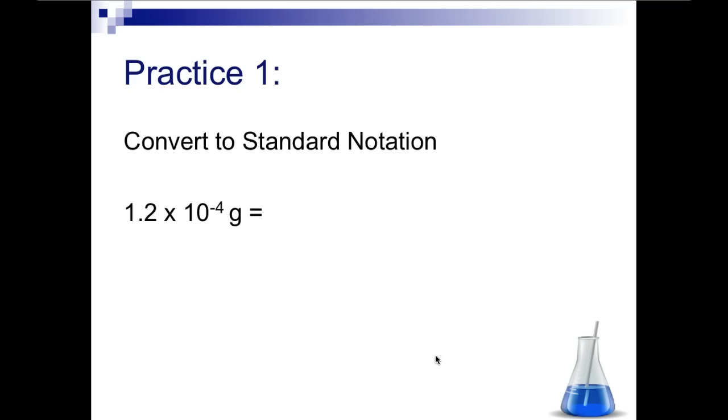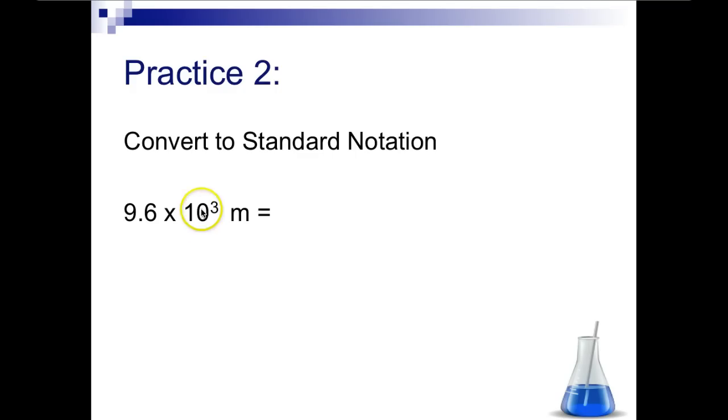So let's try this practice. What'd you get? Okay, so our decimal point is here. Our exponent is negative, so we move it to the left. We move it to the left 4 places. When we do that, we get that as our answer. What about this one?